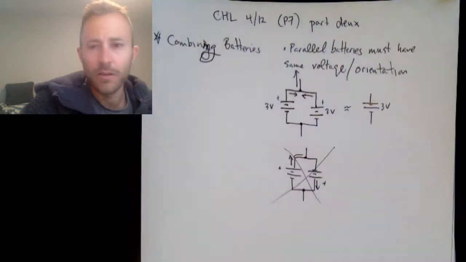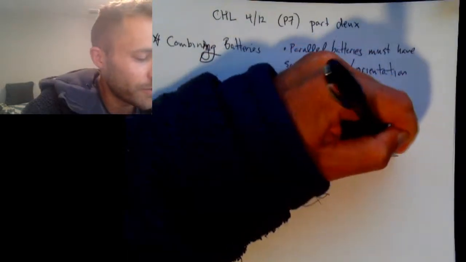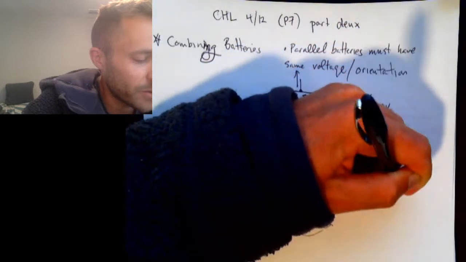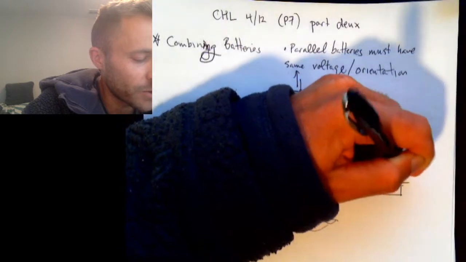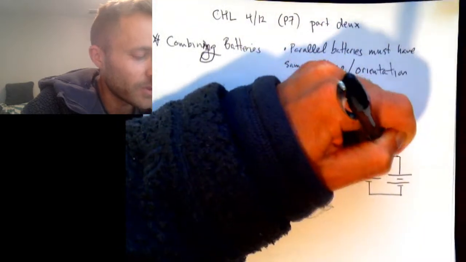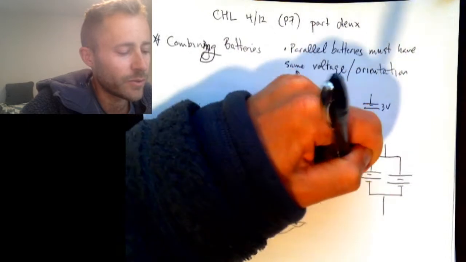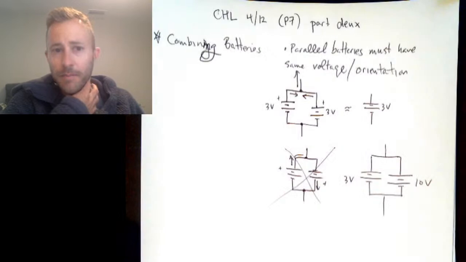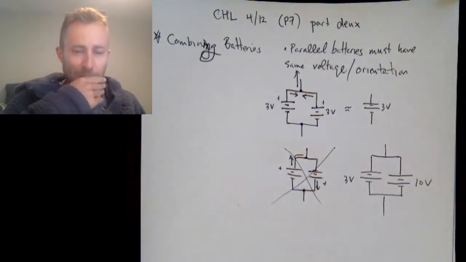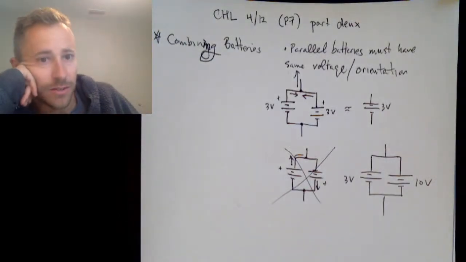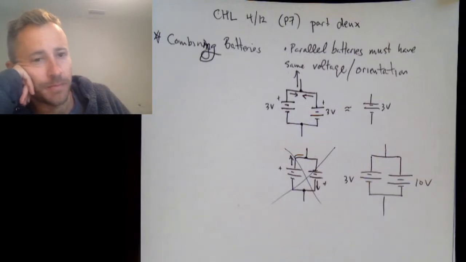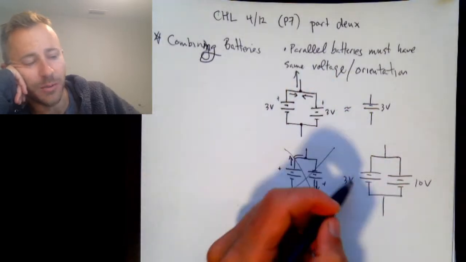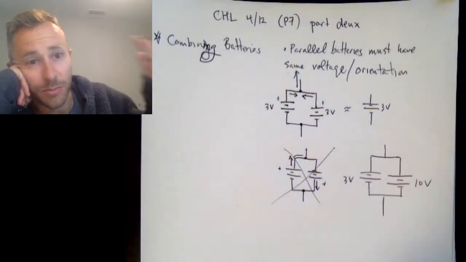The other thing you wouldn't do is you wouldn't have two batteries that are of different size in parallel, regardless of the orientation. So, if this was 3 volts and this was 10 volts, that's not going to work. And the reason is that violates the SIPOV rule. Parallel things must have the same voltage, but this is a battery with 3 volts and that's a battery with 10 volts. It doesn't make sense.